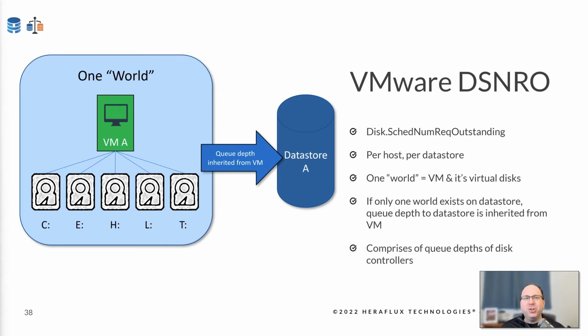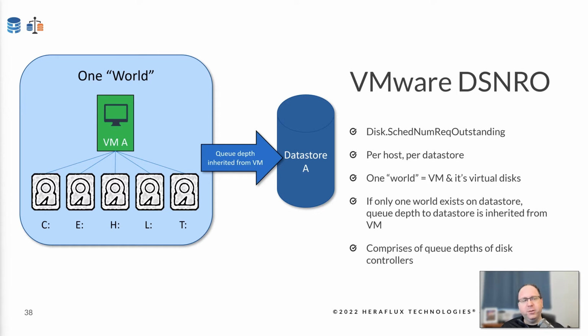A virtual machine and its dependent virtual disks are called a world. If only that one virtual machine exists on a VMFS formatted data store, the queue depth from that host to that data store is inherited from what the virtual machine is sending it. So the disk controllers, the number of controllers, the type, things like that.